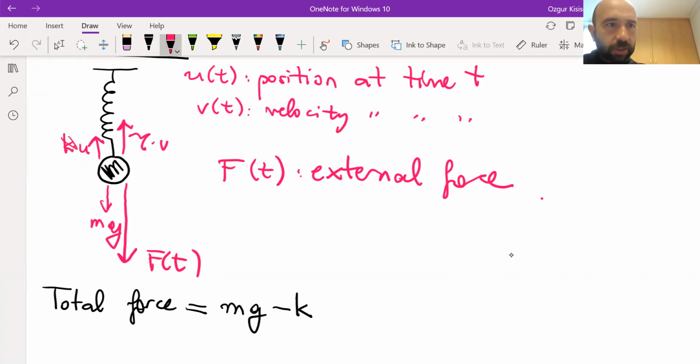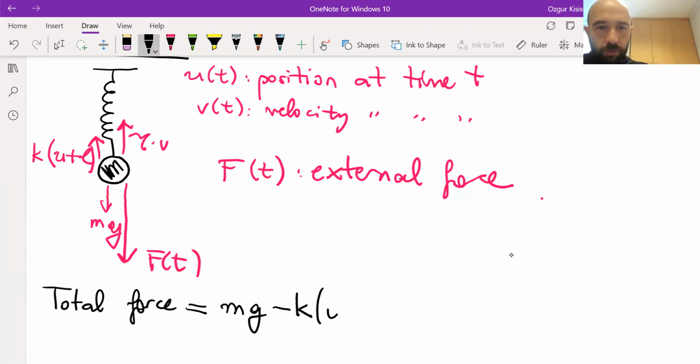This is not ku, this is k times L plus u. If you remember the previous lecture about mechanical vibrations, L was the initial elongation in the spring, and u was the extra displacement.